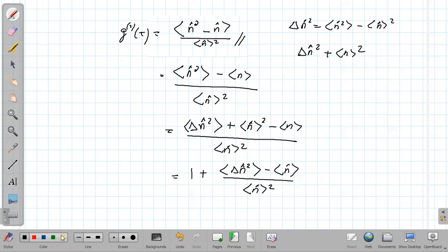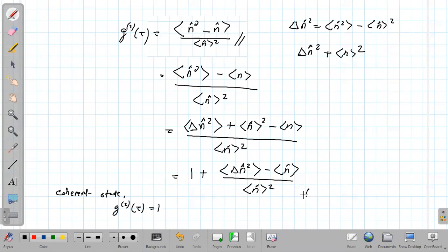Now we can show that for coherent state, that we'll discuss later, this G2 of tau equals 1.